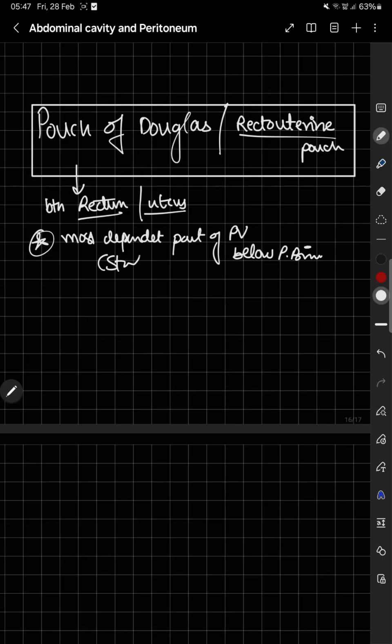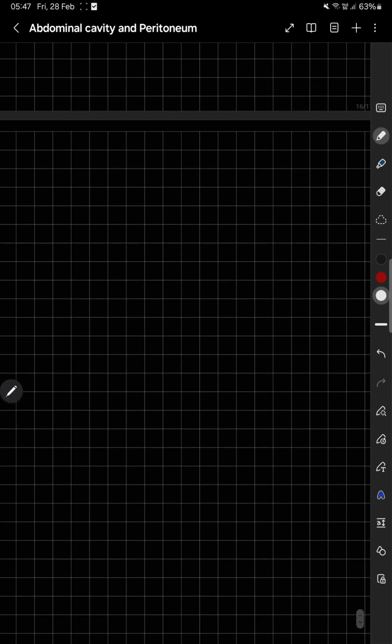This is in standing position. So first we have to draw the diagram of it, obvious reasons, for our recto-uterine pouch. So it's very simple.